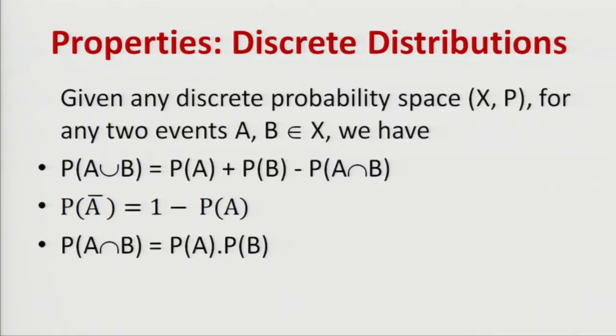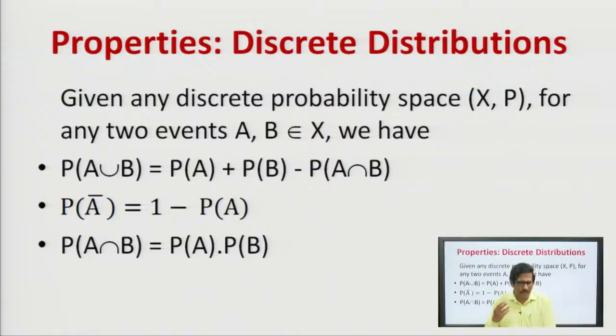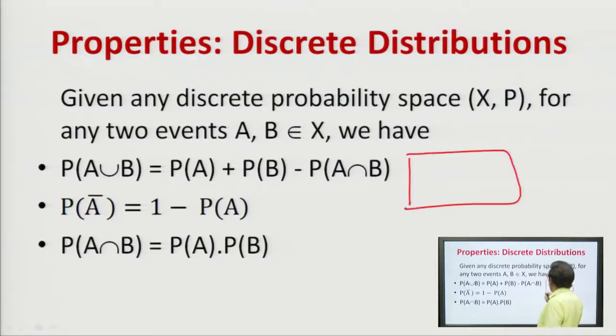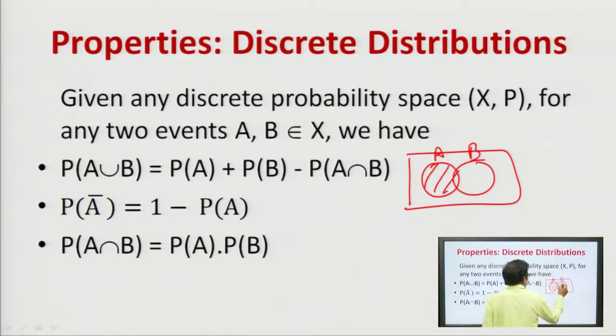Properties of discrete distributions. They are the same properties as we studied in Venn diagrams: for two events A and B, the probability of A union B equals probability of A plus probability of B minus probability of A intersection B. What is the complement of A?